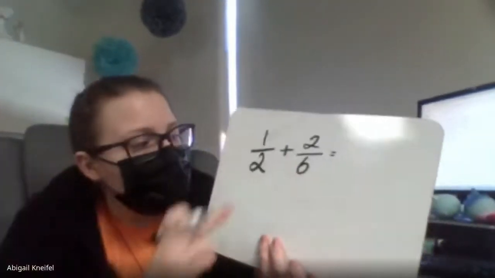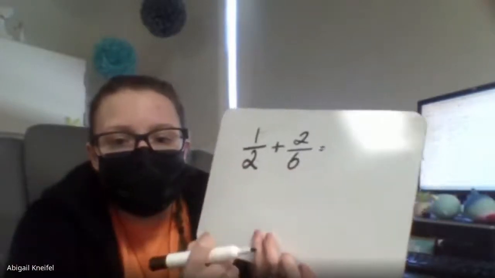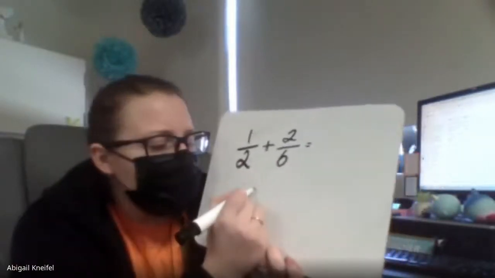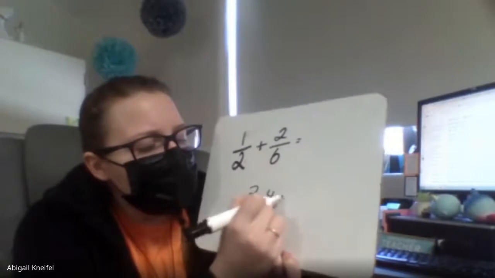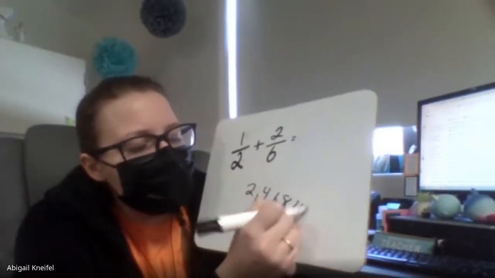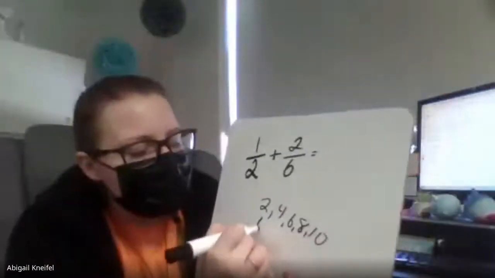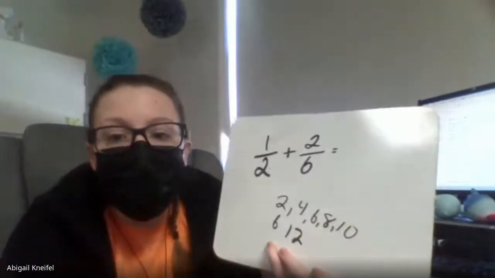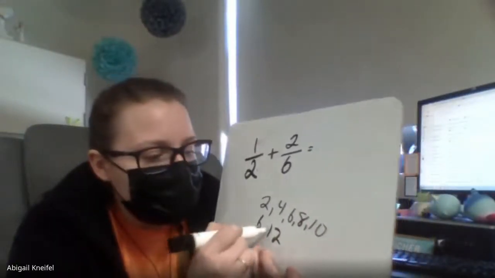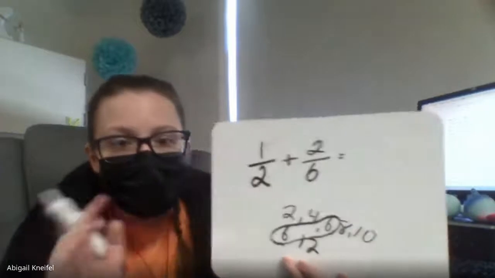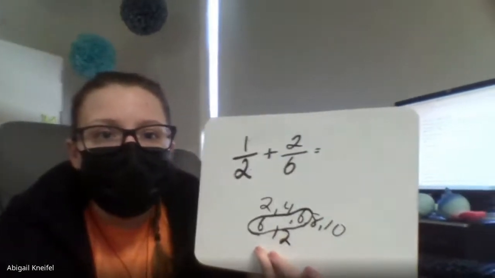Let's think. Common denominators. I'm going to do by the smallest one. So 2, 4, 6, 8, 10. That's good enough. 6, 12. Oh, snap. I already see a common denominator. It's 6. 6 is my smallest common denominator.